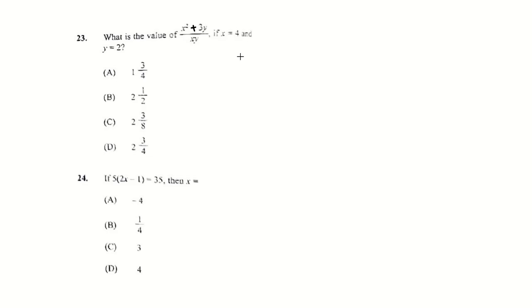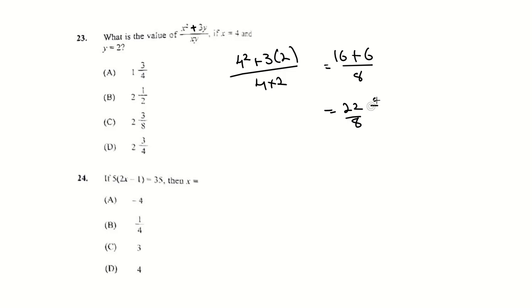So this would be 4 squared plus 3 by 2 all over 4 multiplied by 2. That's 16 plus 3 twos are 6 all over 8, which equals 22 over 8. What could go into 8 and 22? We divide this by 2 and you divide this by 2. You're going to get 11 over 4, which is 2 and 3 over 4. So the answer is D.